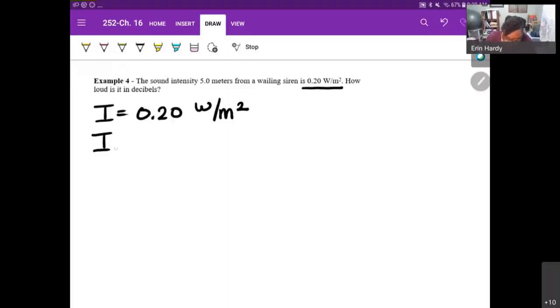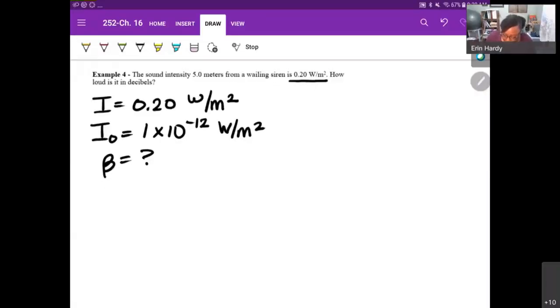We need to compare this to the minimum threshold of hearing. So that was 1 times 10 to the negative 12 watts per square meter. And we're looking for a loudness in decibels. So we're going to solve for beta.